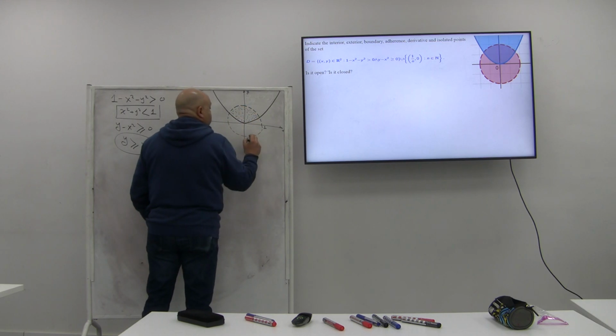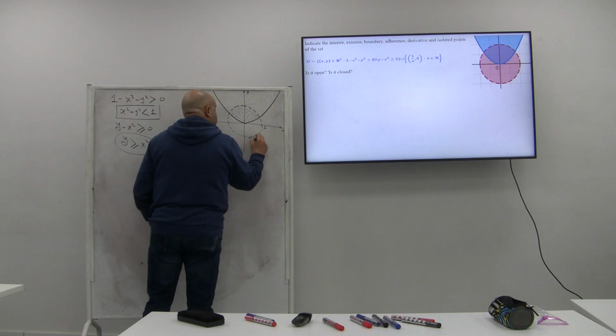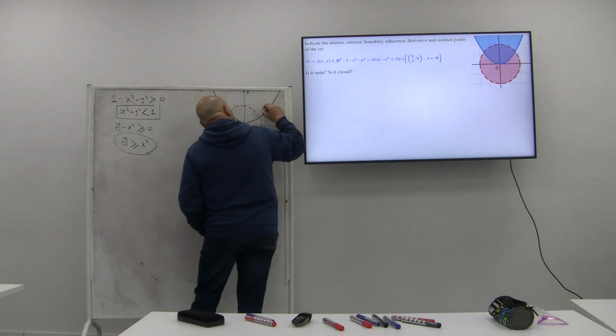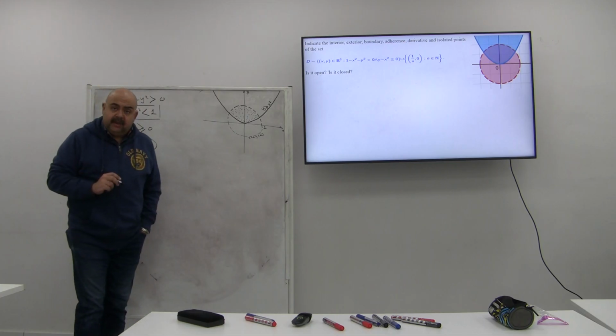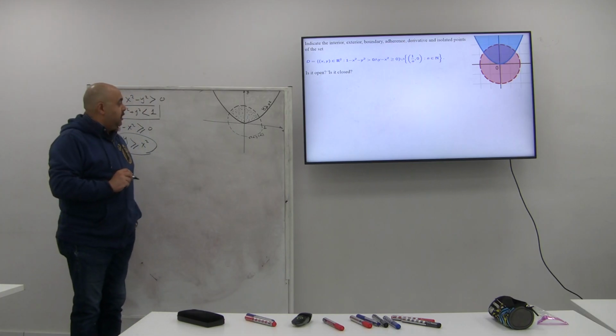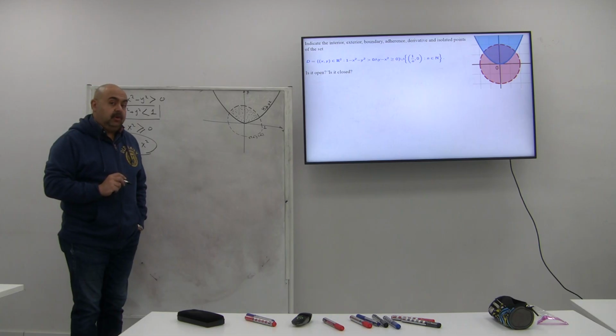This is actually x squared plus y squared less than 1, and y greater than or equal to the x squared curve. It's not just only this set. Remark the identification of the set.